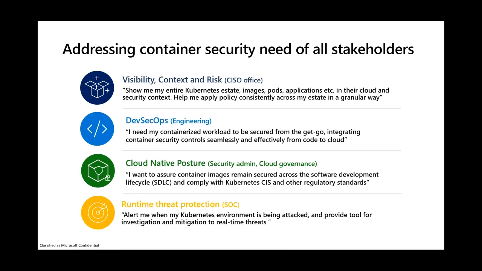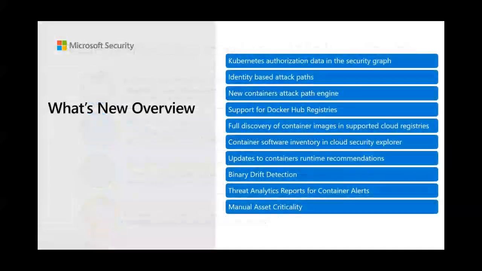Okay, and here we have an overview of what we'll be discussing today. So as I mentioned from the previous slide, we're looking at different capabilities here, from providing you more visibility into your Kubernetes estate, to also providing you with additional capabilities for securing the software supply chain, such as supporting third-party registries.